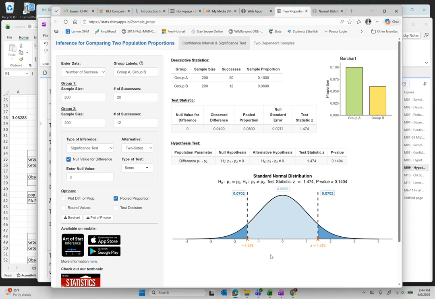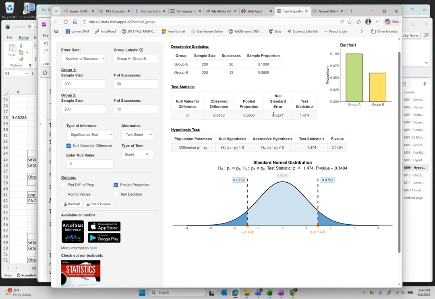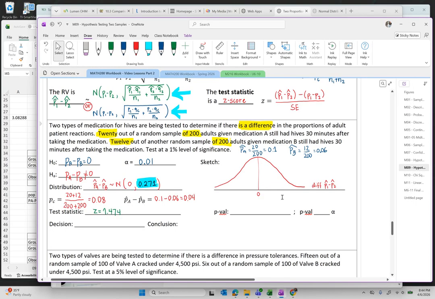If you pay attention here, this is a standard normal distribution. So standard normal distribution means that every tick mark is one standard deviation and not equal to the standard error here. So every tick mark is not equal to 0.0271. So if we want to just copy this particular graph, we don't want the label of our axis to say this is the difference of the two sample proportions.